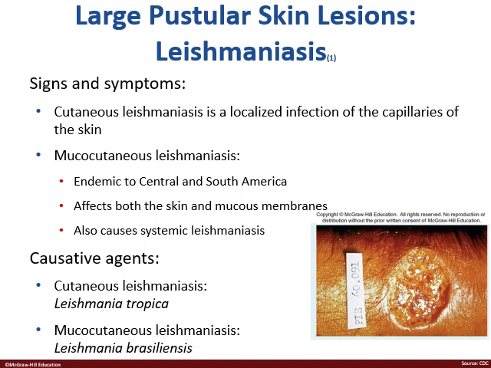First one we're going to discuss is what is known as Leishmaniasis. Leishmaniasis is an infection of the dermal layer, the capillary beds in the dermis, and the subcutaneous layers.